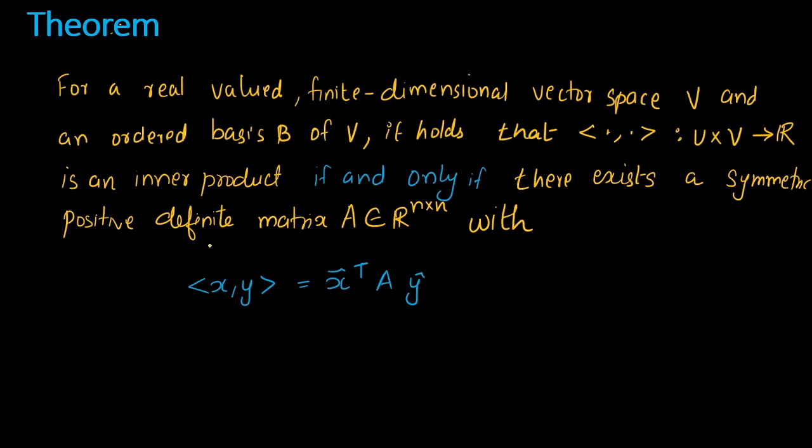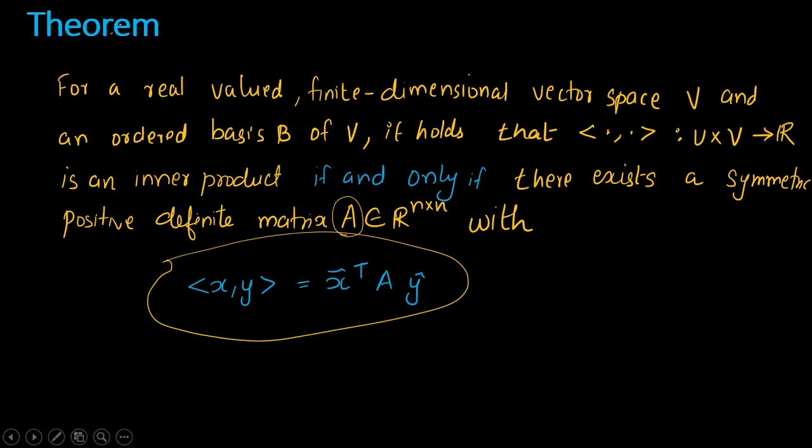So the inner product definition is like this. We can say there is an inner product like this only if a symmetric positive definite matrix A exists. Then only we can find an inner product for this.